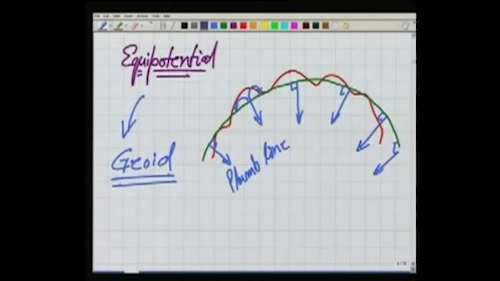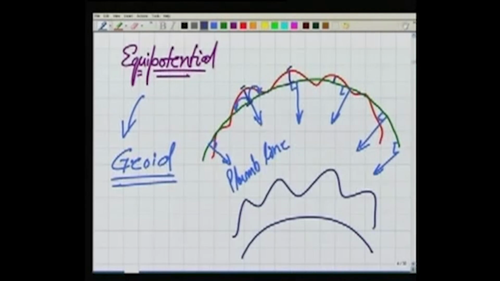This will only be realized if we start measuring the RLs or elevations. For example, here I start measuring the elevations of these points from this surface. So if this is my geoid, the elevations of different points are to be measured from the geoid.